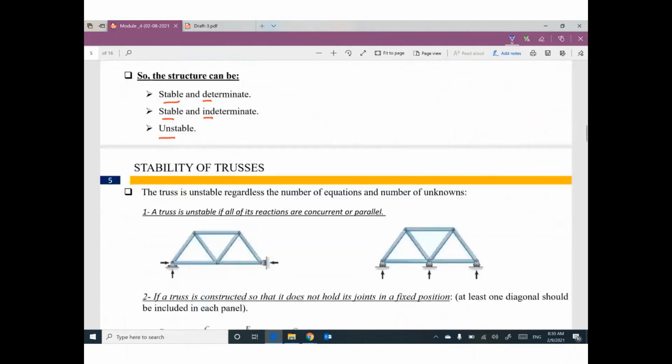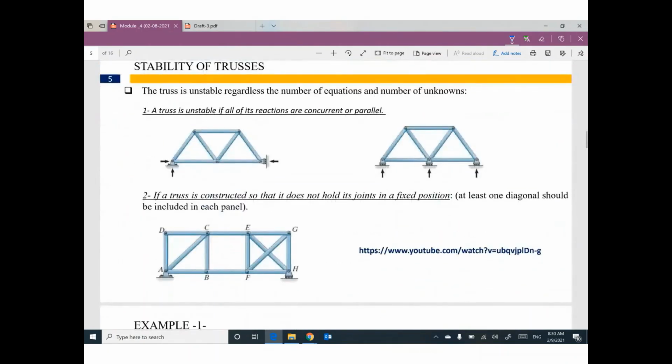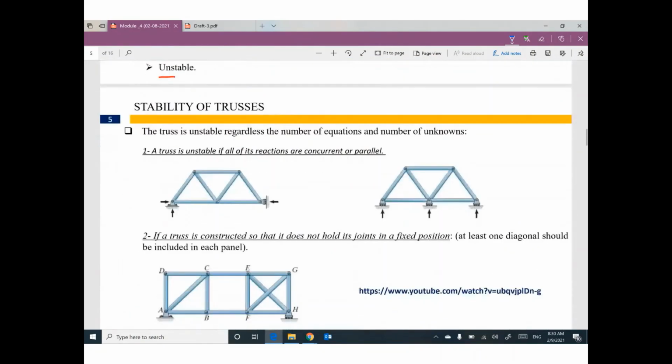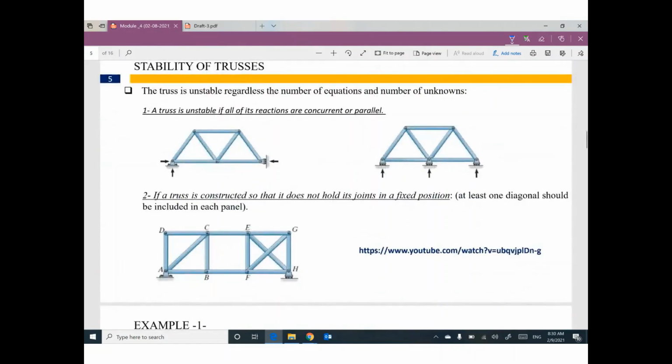We have special cases. Regardless of how many unknowns, how many equations, I'm going to say this structure is unstable. If I found one of these situations, I have to say this truss is unstable.